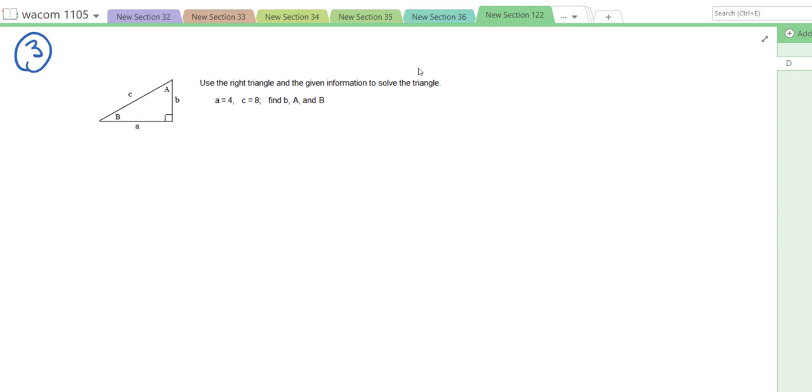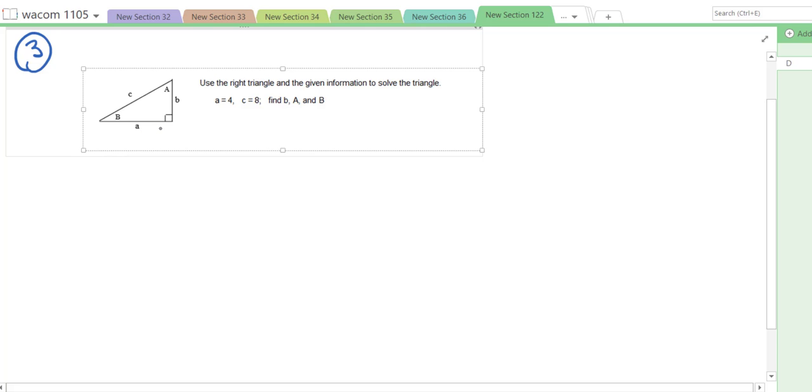All right, we're going to look at one more right triangle. And we're given 2 sides. And we know it's a right triangle, so we know one of the angles. And we're asked to find the other side and the other 2 angles. So you know A, which is opposite your angle A. So this is going to be 4.